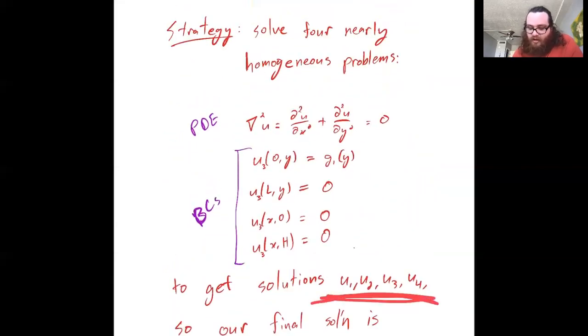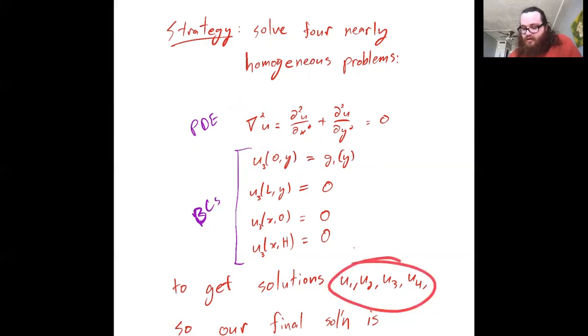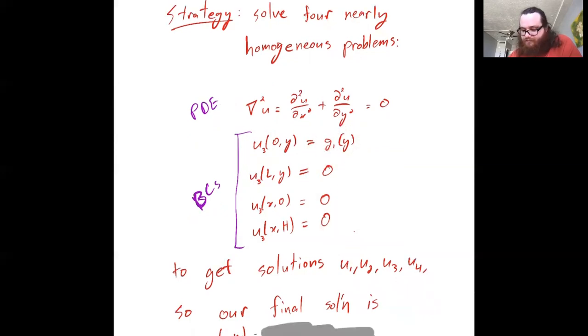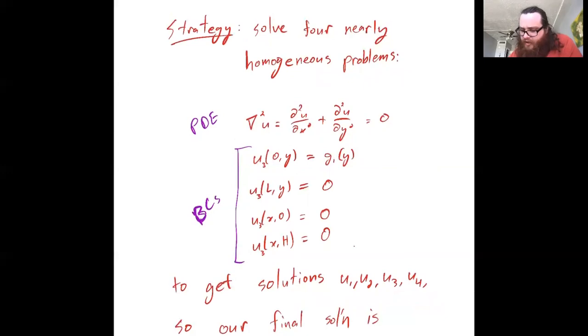4 different solutions. All of them satisfy nabla squared u equal to 0 on the interior. Okay. But each of these is going to have one non-zero boundary condition, and all the rest are 0 boundary conditions. Okay. But then if we add all of these up, right? So for example, u1, u2, and u4 will have 0 boundary condition here.